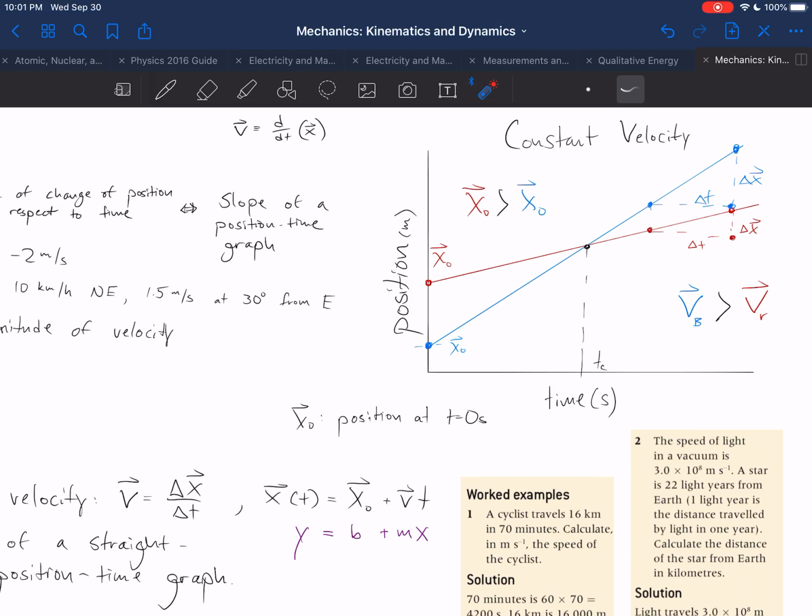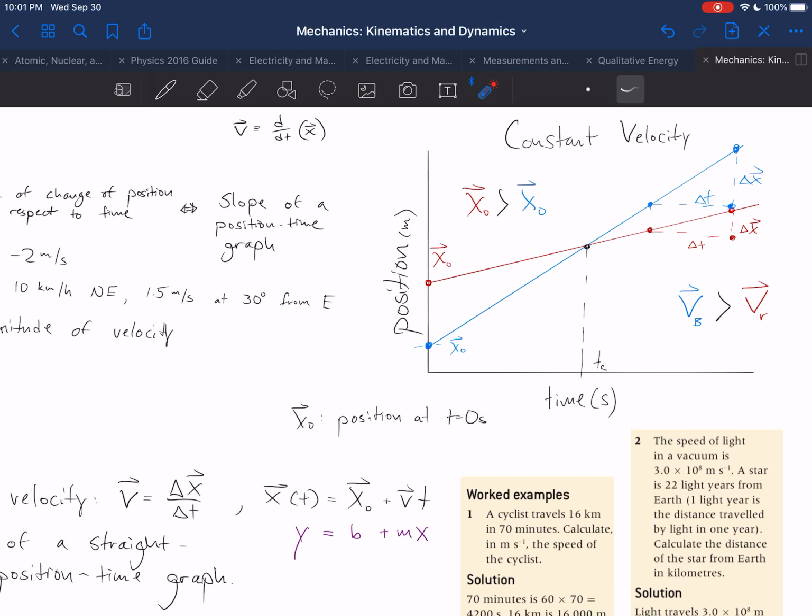So if we take the slope of either our blue line or our red line, it will give us some delta x over delta t, some displacement over a period of time. And that slope is higher for the blue object than it is for the red object. That indicates that the blue object has a larger speed.